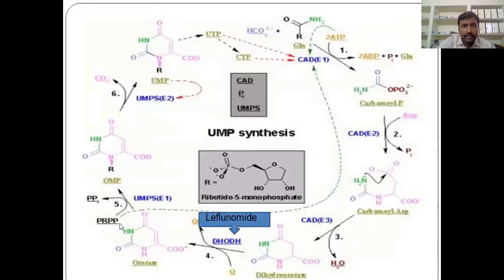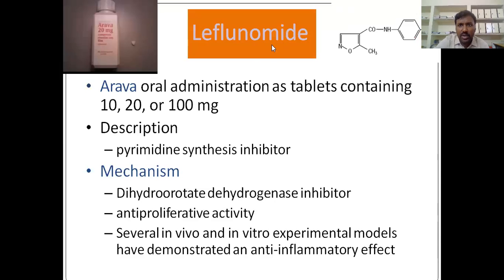And so this is uridine monophosphate. This drug is leflunomide. When it inhibits the dehydrogenase enzyme, it inhibits the uridine monophosphate. So uridine monophosphate is converted into uridine. That is the mechanism of action of leflunomide.